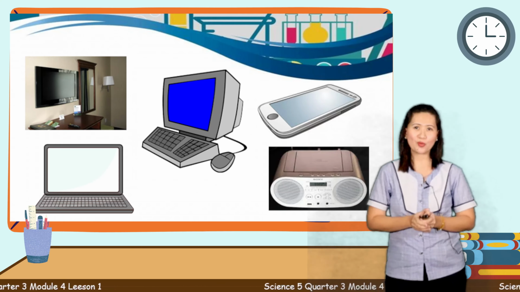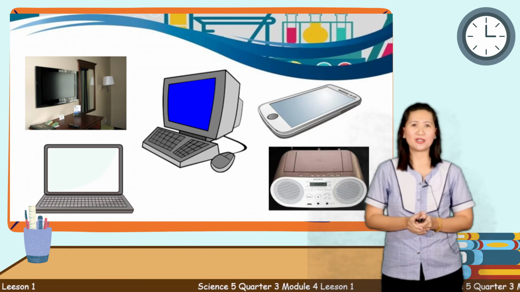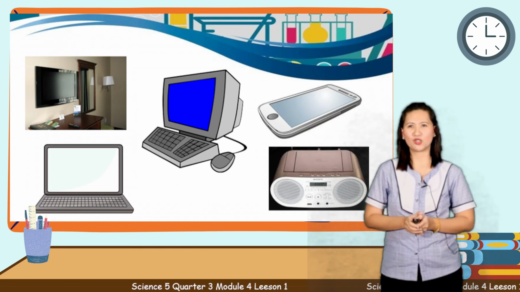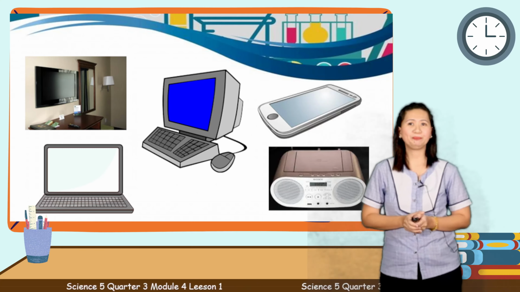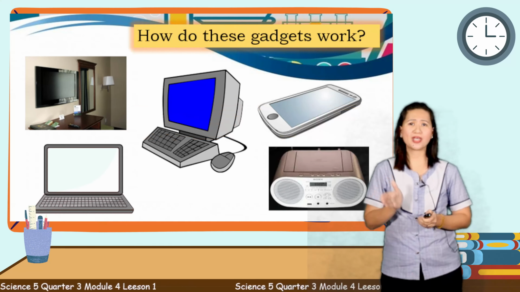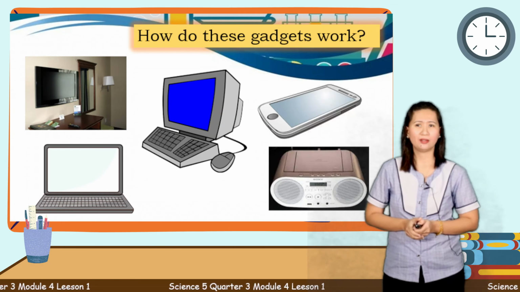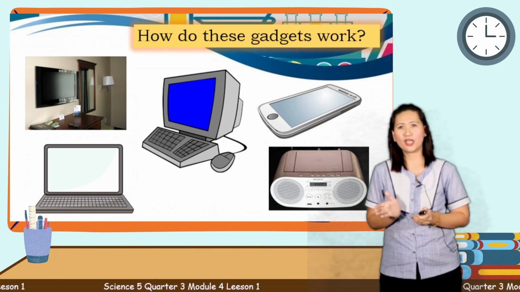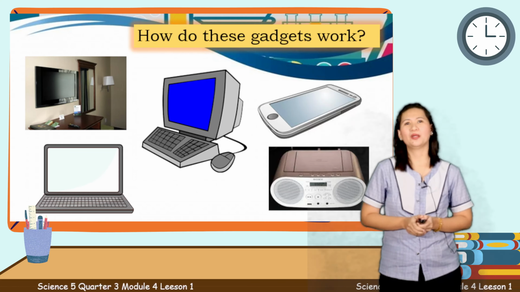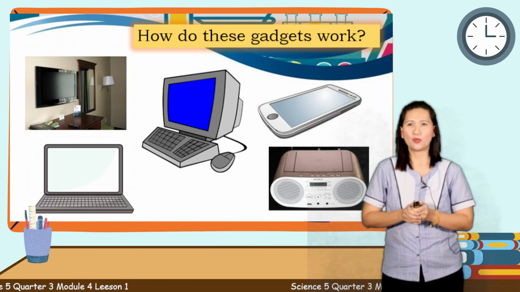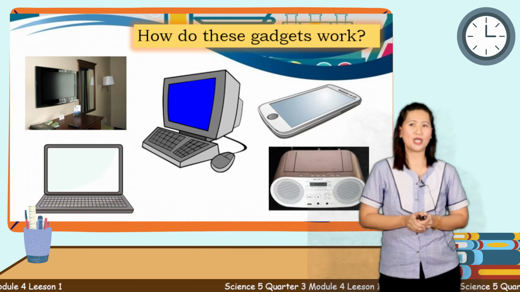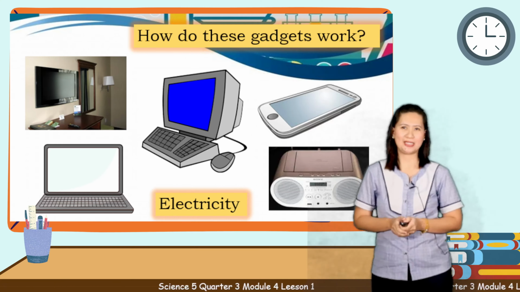And of course, we also have the radio that we have this radio-based instruction. But how do these gadgets work? How can we use them? Of course, we can use these gadgets using electricity.